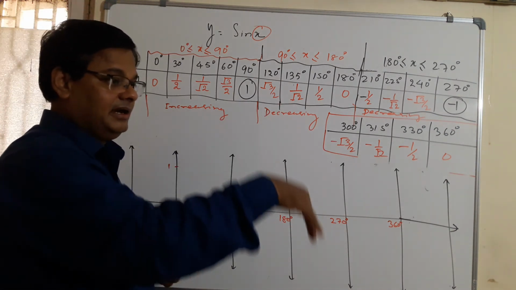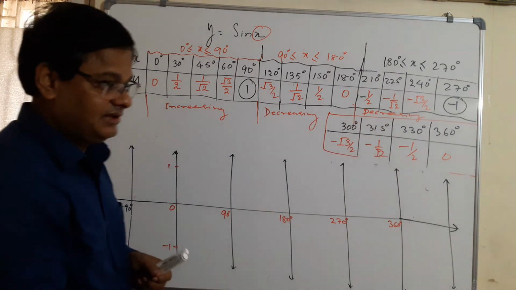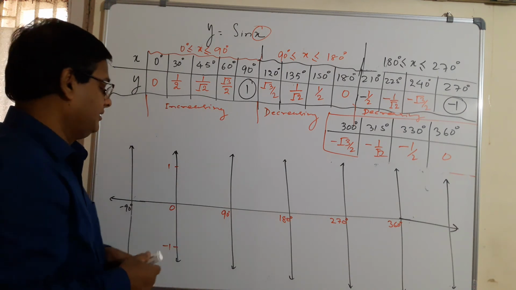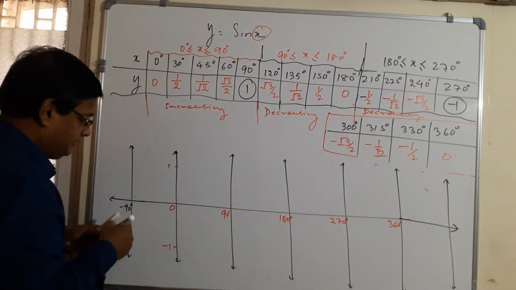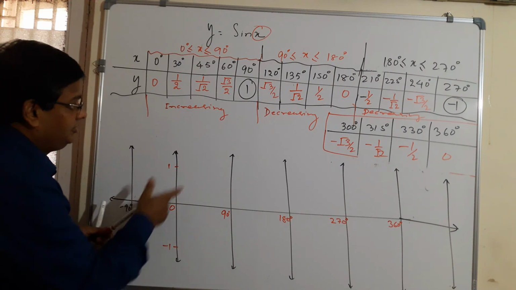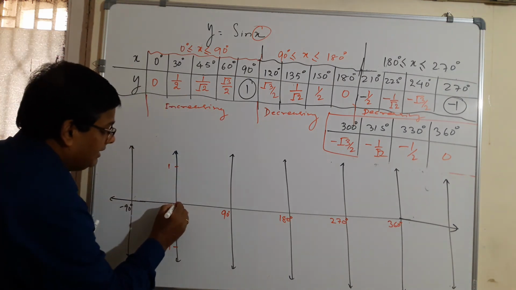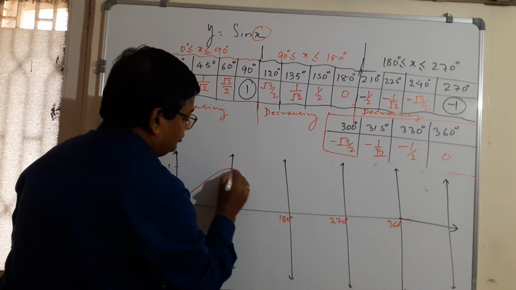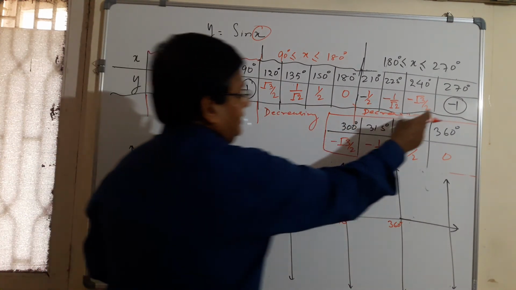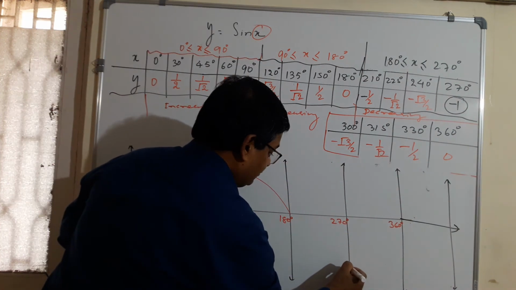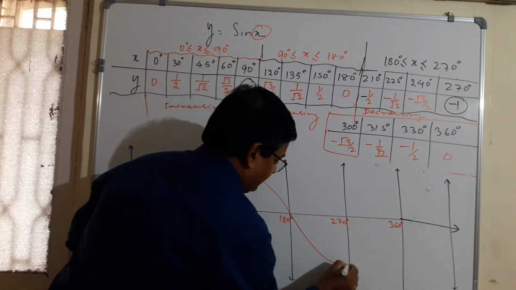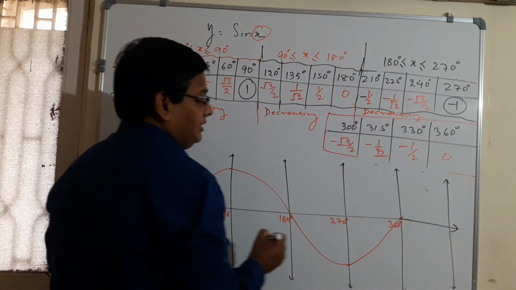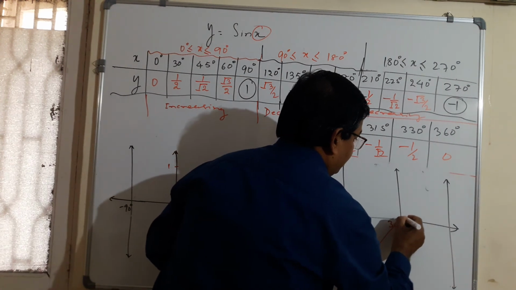It curves up and down like this, the way a snake moves. In the same way here you will get the graph. So at 0 degree, sin 0 is 0, at 90 degree it is 1, at 180 degree it is 0, and at 270 degree it is minus 1, so decreasing, and at 360 degree it is 0, and again you reach the first quadrant.